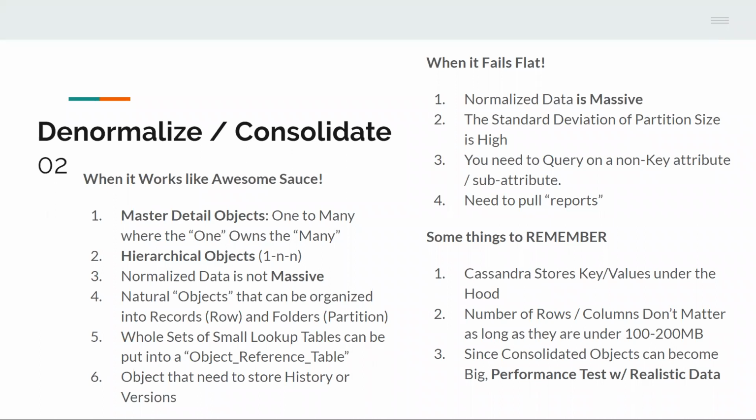You can also do hierarchical objects pretty well. And as long as your normalized data is not massive, a 100 megabyte object is fine. Don't go beyond 100 megabytes if you're doing lots of reads and writes, but if you have enough memory, a 100 megabyte partition is not that big.